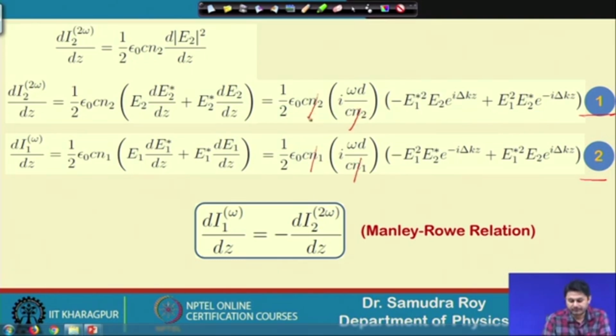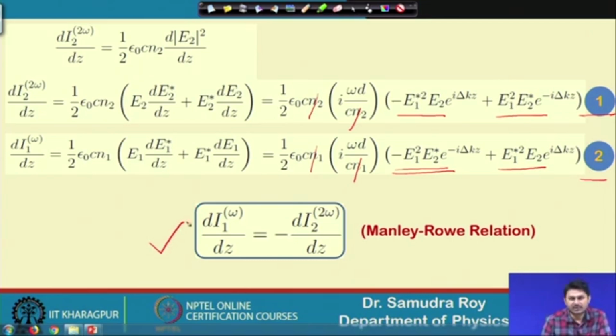So, if I compare, then inside this bracket we have E1 star E2 with a negative sign, but here we have E1 star E2 with a positive sign. Here also we have E1 square E2 star term, but here we have again E1 square E2 star term, but with a negative sign.